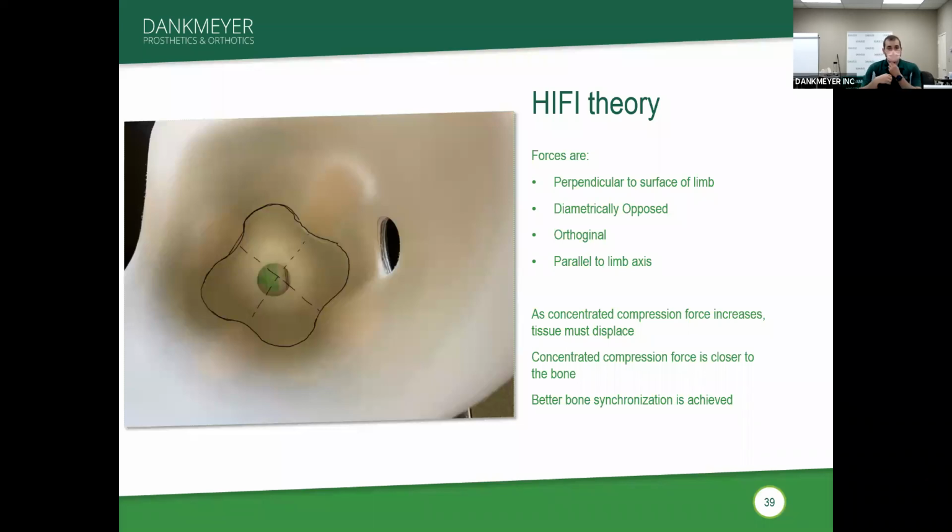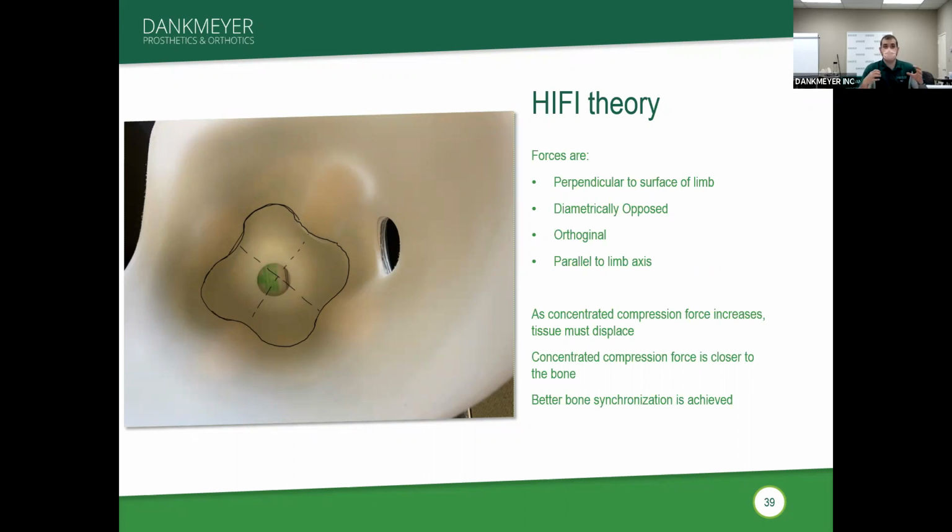The compression areas are perpendicular to the long axis and the surface of the residual limb. They're diametrically opposed from each other, orthogonal to the limb and parallel to the limb axis.